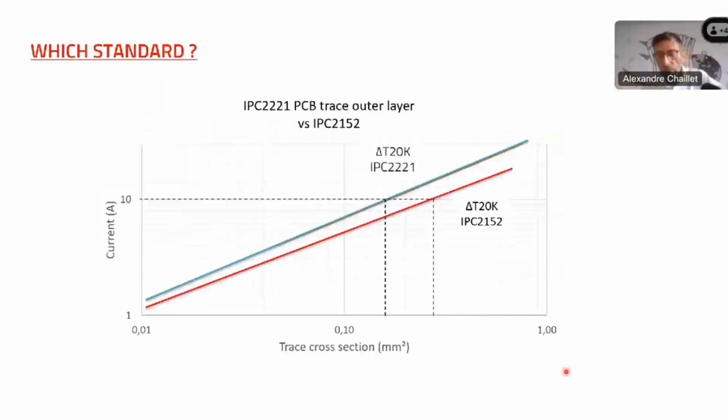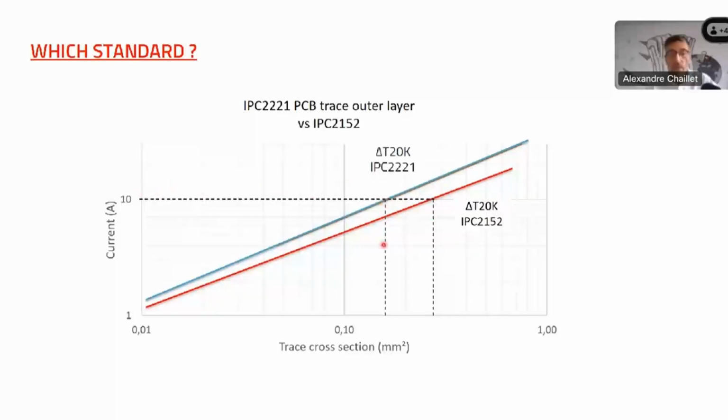And if you compare these two standards, I did that with a curve, always trace cross-section and current here, and that's the way you can design the delta T for a trace. Imagine 20 Kelvin, IPC 2221, and the same delta T for the trace, IPC 2152.